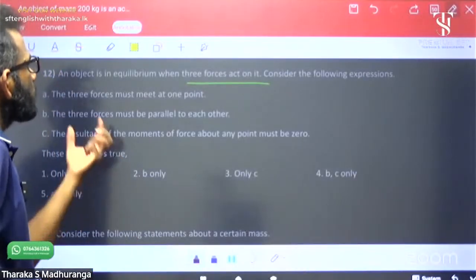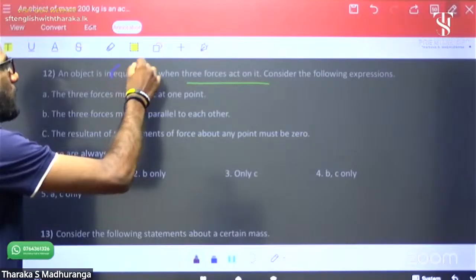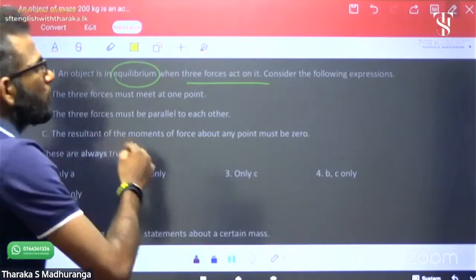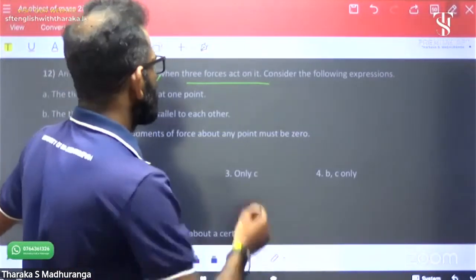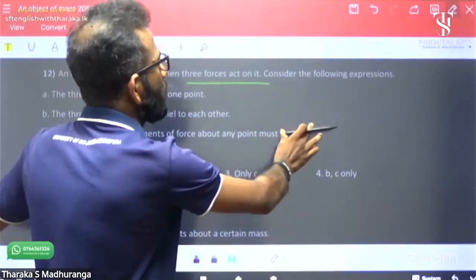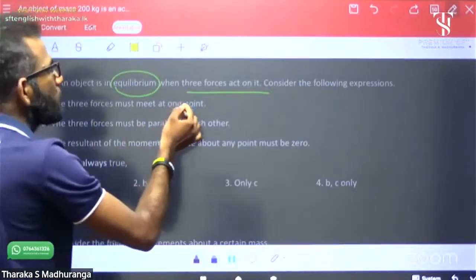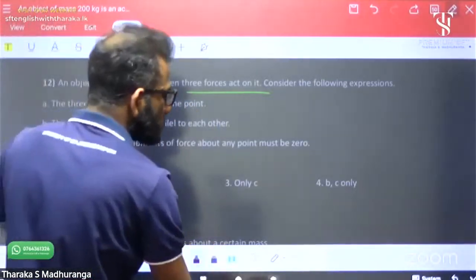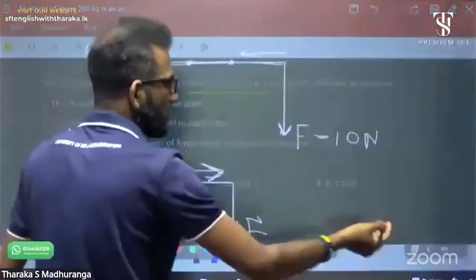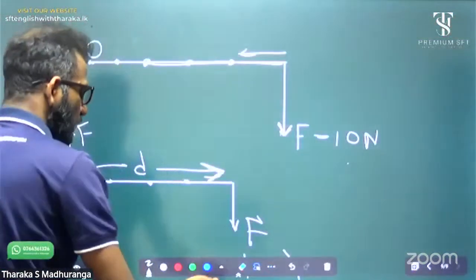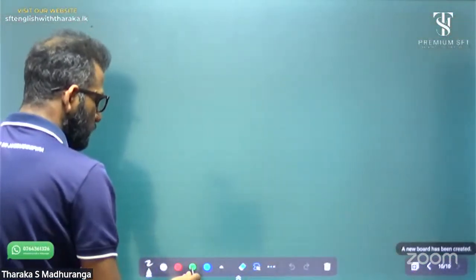An object is in equilibrium, that means balance, when three forces act on it. The three forces must meet at one point. See, three forces must meet at one point, not must.